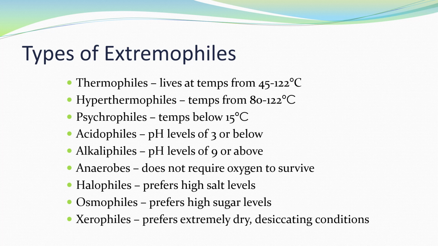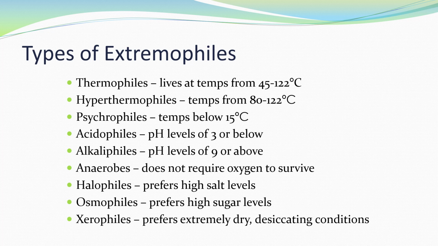We have an acidophile and an alkaliphile. These guys are going to, as per their name, either prefer more acidic environments or more basic environments. So we have our acid lover and our alkaline lover.